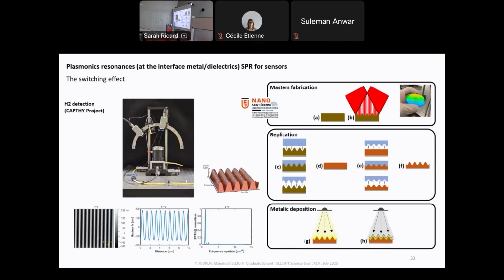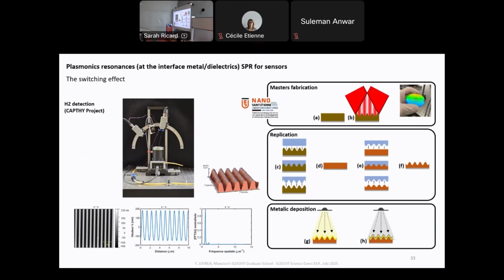For the fabrication of the grating, we use laser interference lithography on photoresist, and we use the process of nanoimprint. So we take a copy of this photoresist-based grating, and then this copy in PDMS is used to imprint a functionalized layer, and we have our gratings, and then we deposit a gold layer and a palladium layer.